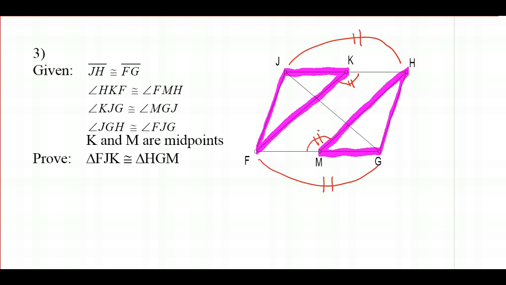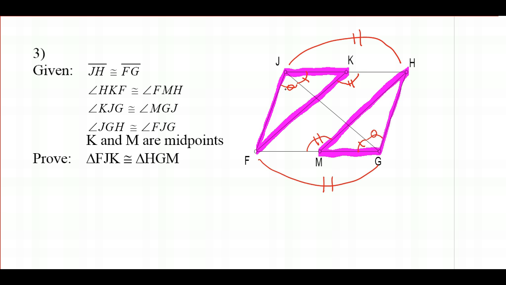So I can see right away that I can get these inside angles congruent by subtraction or supplements. And I've got KJG, this angle here, congruent to MGJ, this angle here, and I've got JGH, so this angle congruent to FJG, which is this angle here.